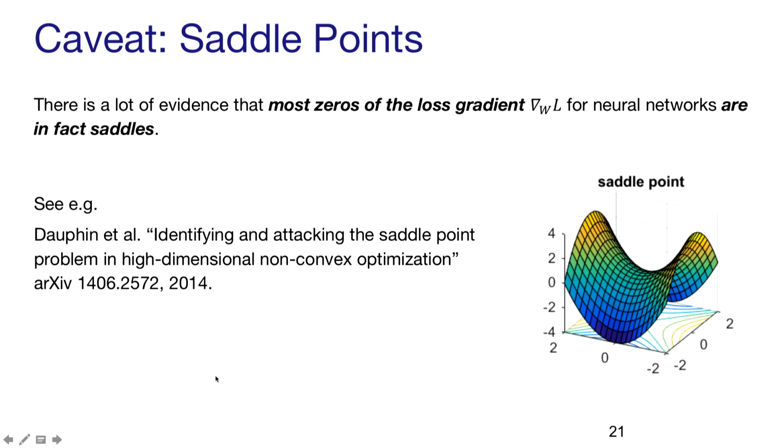And the reason that is really bad is, for various arguments you can make, a very intuitive one is that the curvature of a surface at a zero gradient can be determined from the Hessian matrix, which is the matrix of second derivatives.